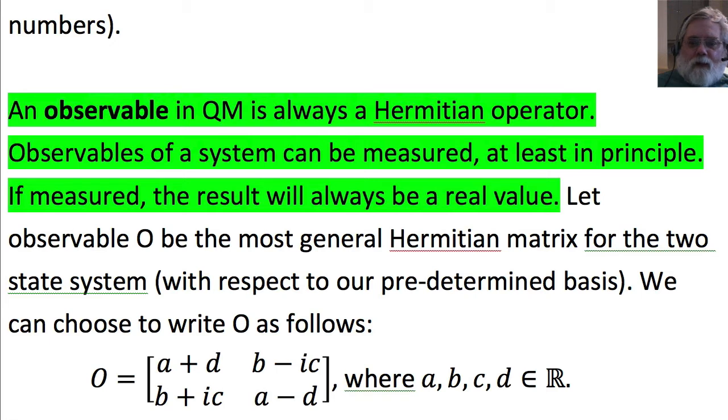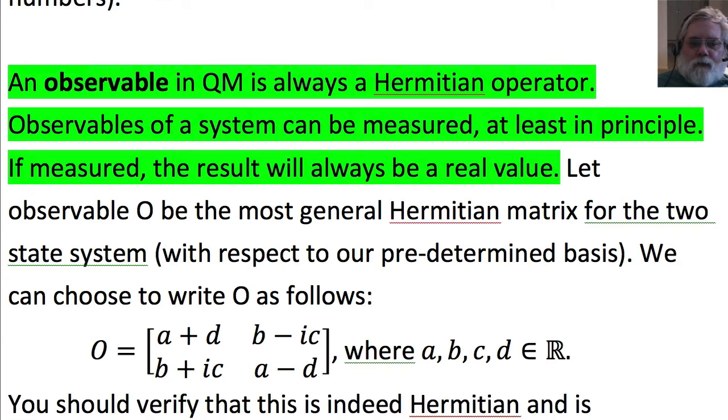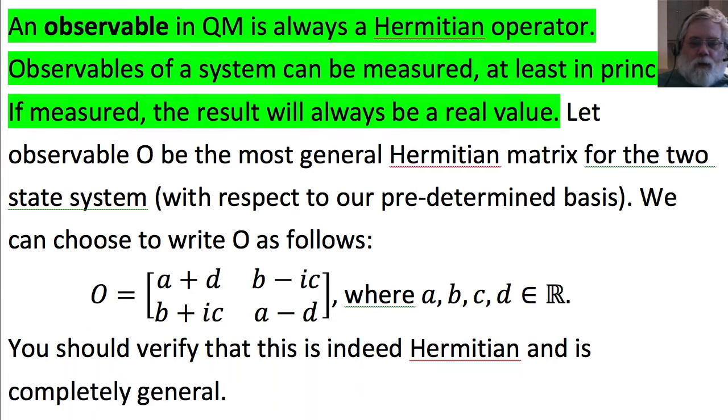So instead of calling it M, we'll call it O for observable. Let observable O, which is a matrix, be the most general Hermitian matrix for the two-state system with respect to our predetermined basis. We can write this in various ways, but we're going to choose to write it as follows.